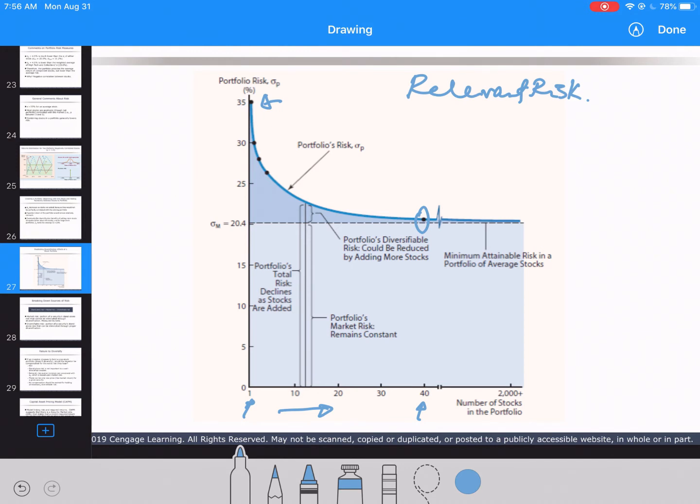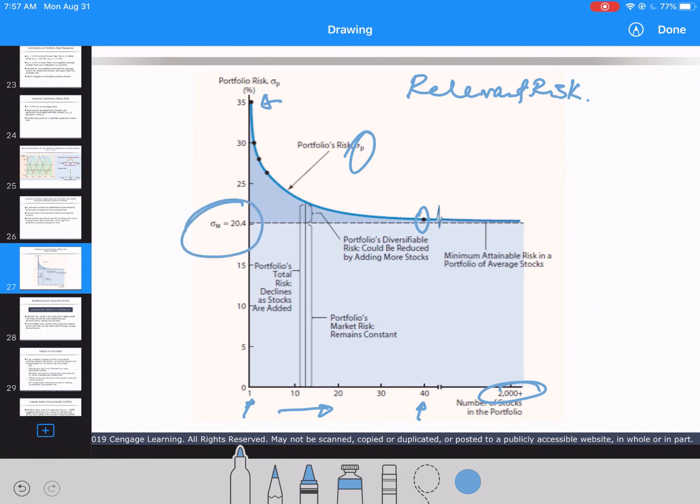So if you have 40 stocks in your portfolio, you know your portfolio risk, not individual risk, basically becomes a flat line. If you have 2000 plus stocks, it is very much here, that is, it becomes 20.4%.